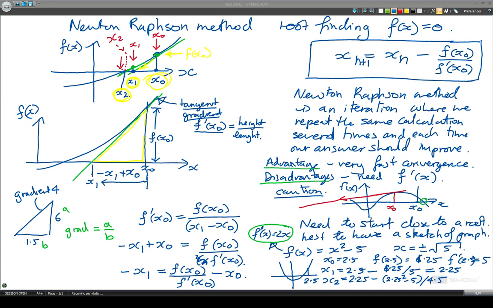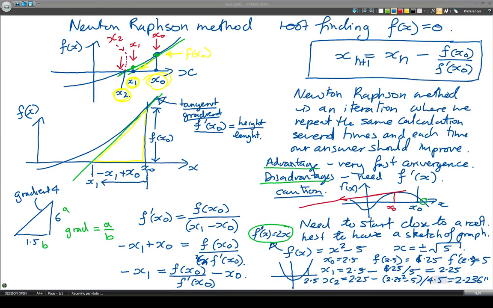So 2.25 squared minus 5 divided by 4.5 and the answer is equal to 2.2361111, whatever.